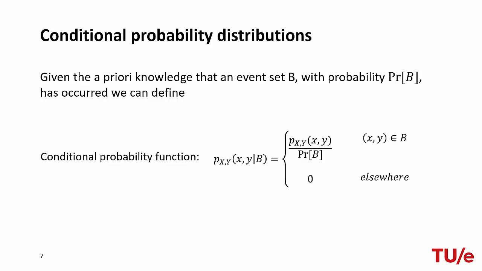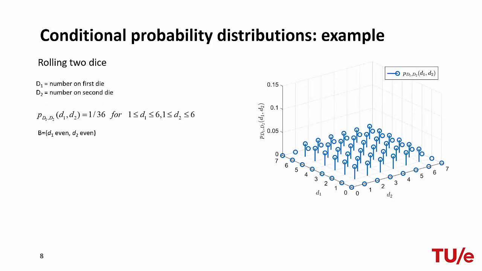Let us first look at the case when we have an outcome x and y that can be found in an event set B, with the event set B being a subset of the event space. In this case, the conditional probability of x and y given B is simply found by normalizing the joint PMF by the probability of B for any x and y in the event set B, while the PMF is 0 elsewhere.